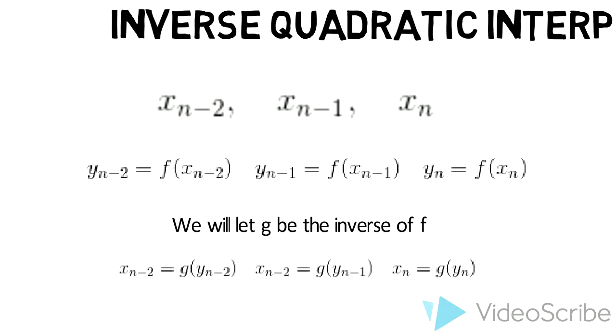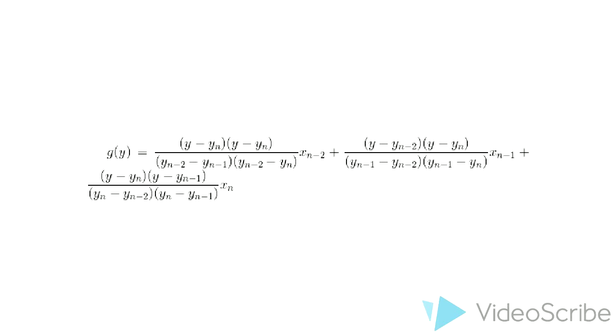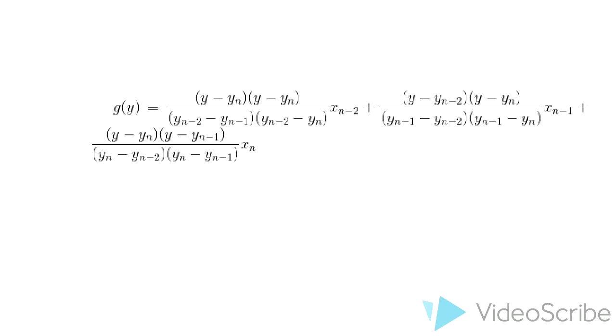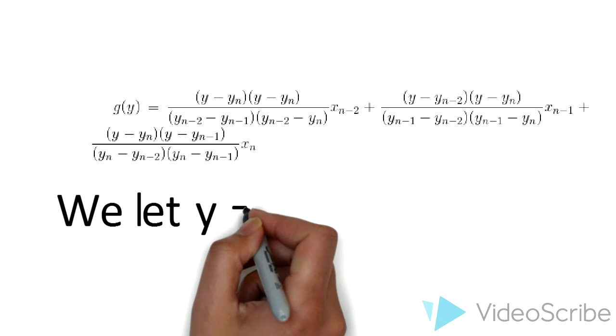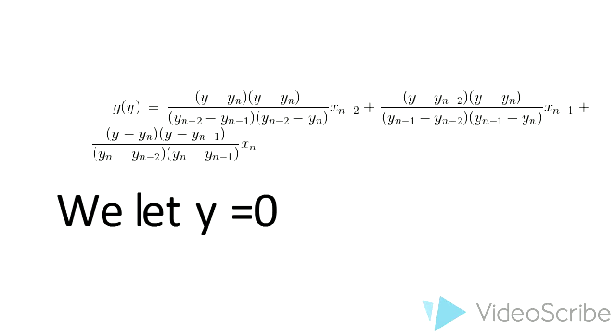Fitting the points into a parabola in y, we can compute the polynomial interpolation with Lagrange basis functions, giving the following result. To obtain the estimate for the new root x of n plus 1, we let y equal 0 for the equation that I've shown before.